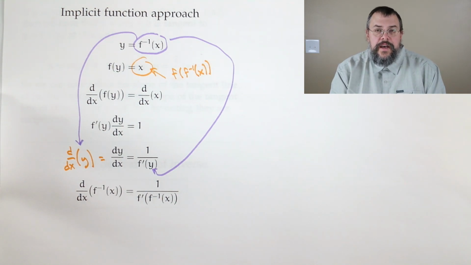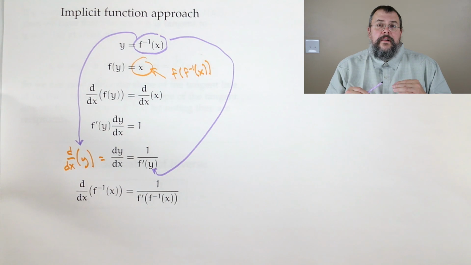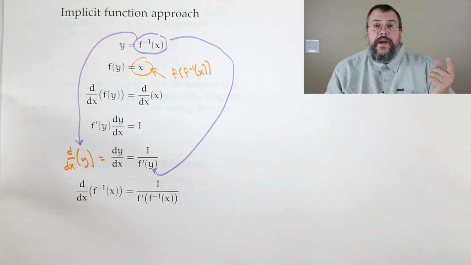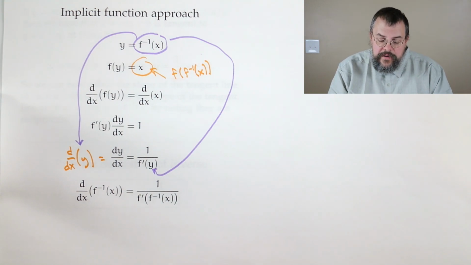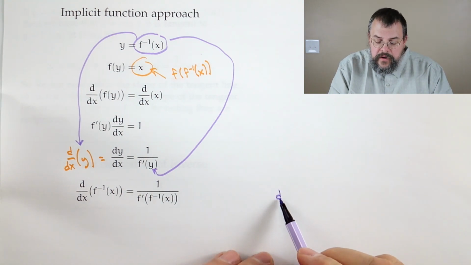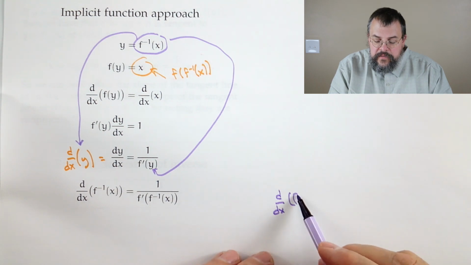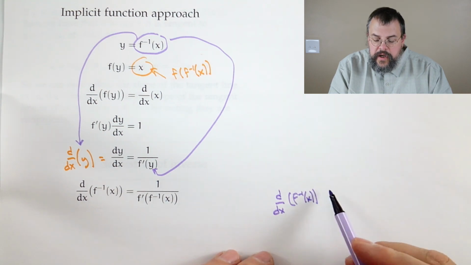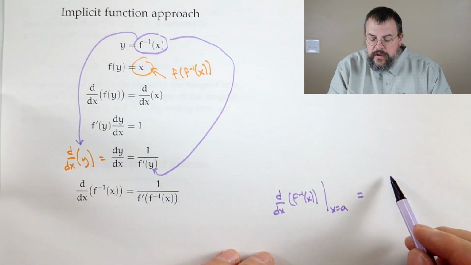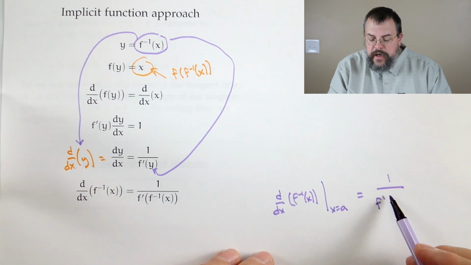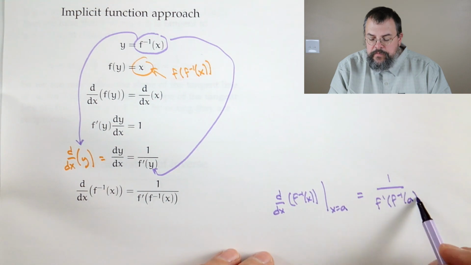So we say, okay, what if I want to find the derivative of the inverse at a particular point? All right, well, can we do that? And the answer is, well, yes. If I want to find the derivative of f inverse of x, but at a particular point, x equals a, what we're really saying is we're looking at 1 over f prime of f inverse of a.